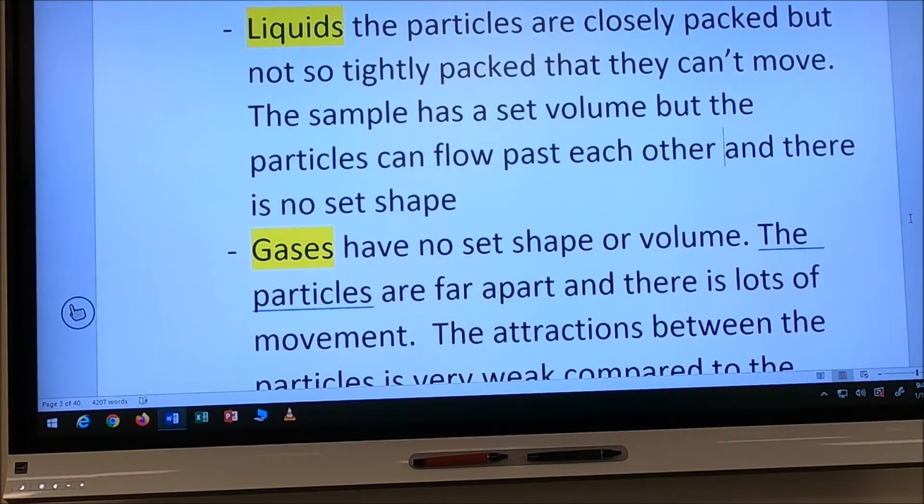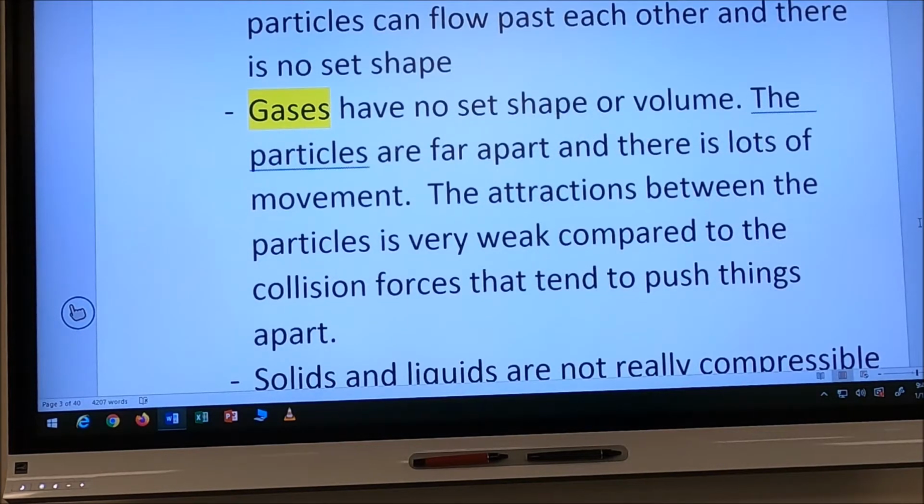Gases. No set shape, no set volume. The particles are really far apart. I mean, they can't see the other one from here. And there's lots and lots of motion. The particles are in constant motion.